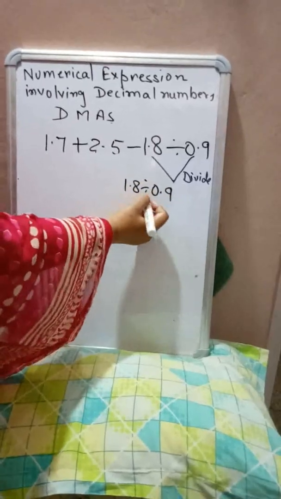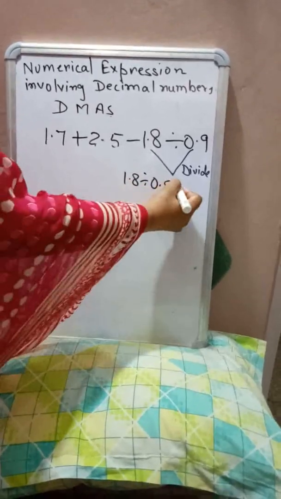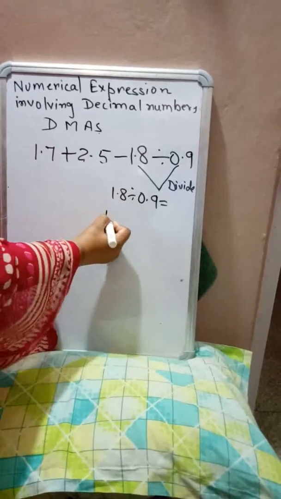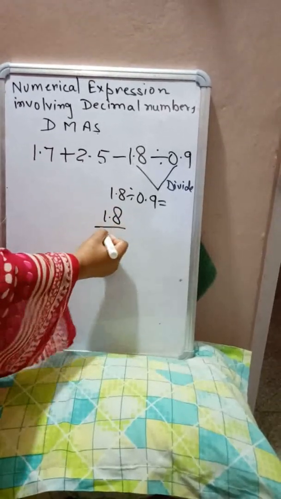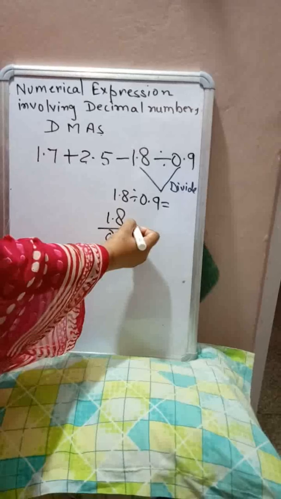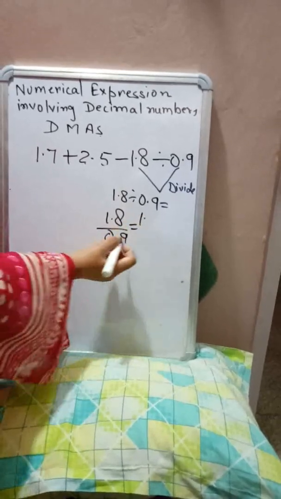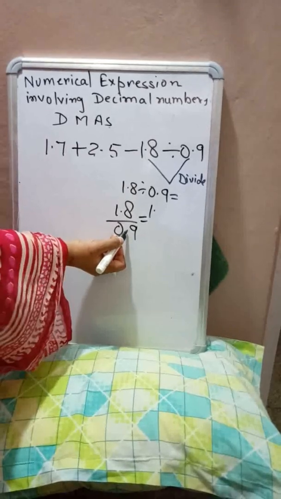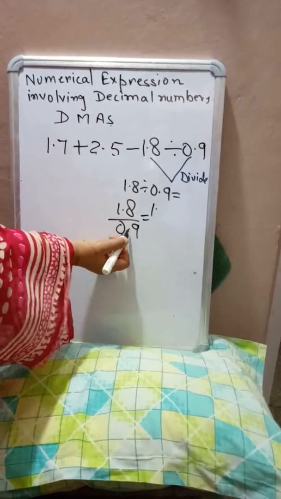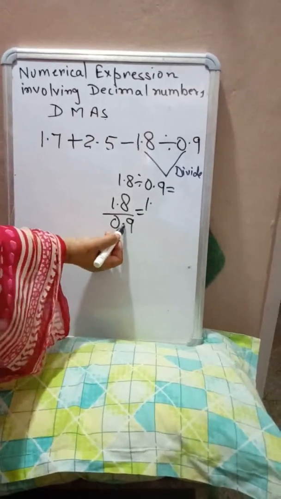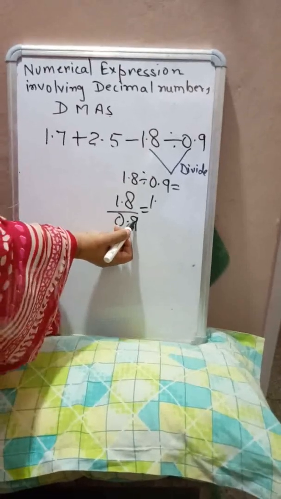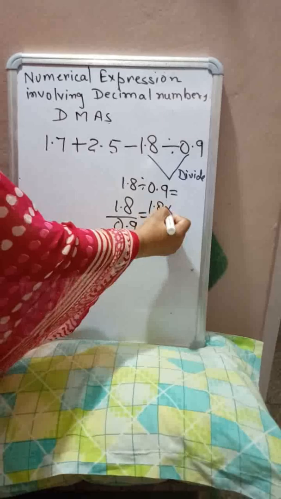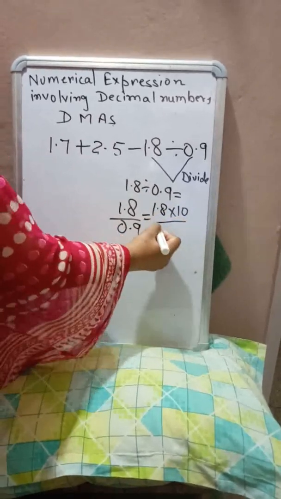So here, whenever we are doing the division, how will you divide it? 1.8 divided by 0.9 is equal to, we have to remove the decimal from the denominator. Here only one digit is after the decimal, so I will multiply the numerator and denominator with 10.